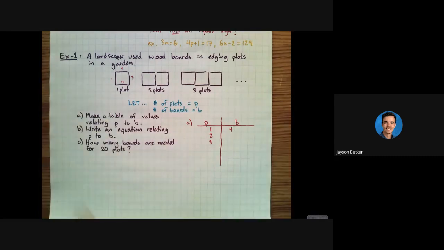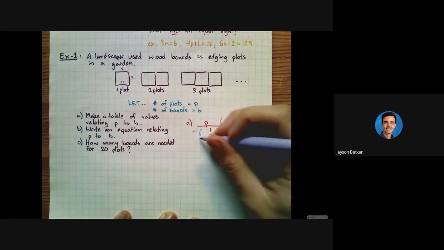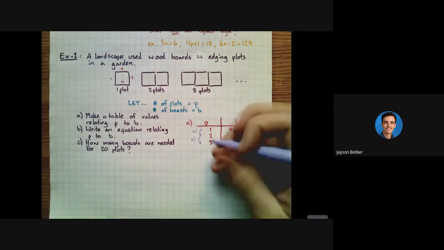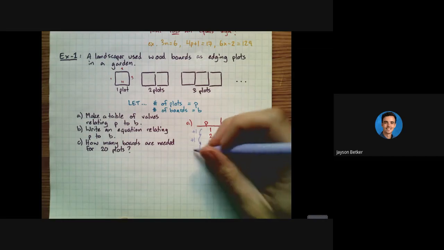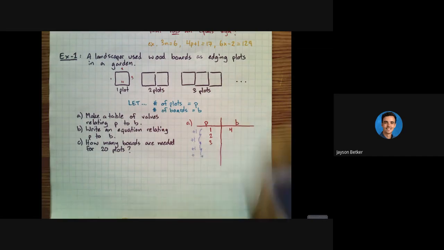So our pattern that we're seeing here is every time, this one is increasing by 1. So we can just extrapolate that and keep going. Let's do up to 5.